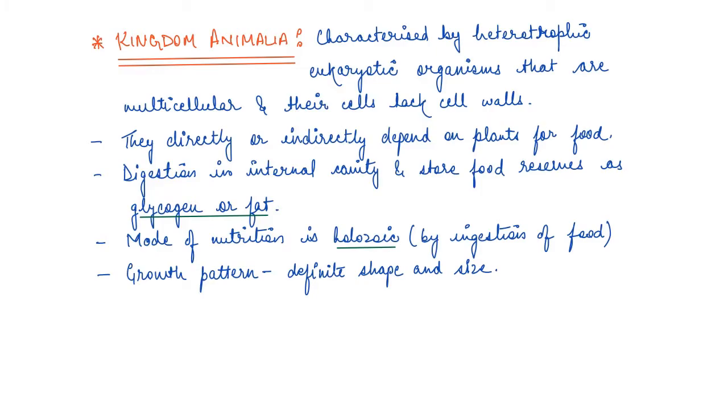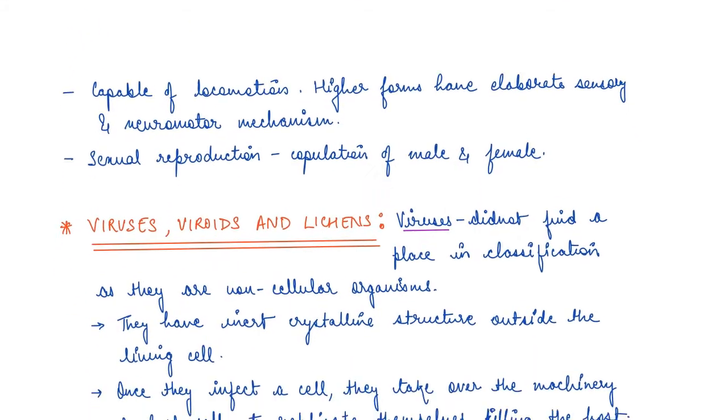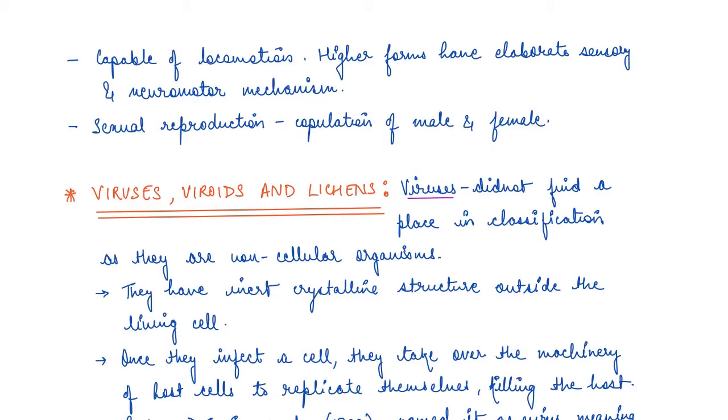The mode of nutrition is holozoic, that is they ingest food, and the growth pattern is definite, so they have a definite shape and size. They are capable of locomotion, which is lacking in kingdom Plantae.